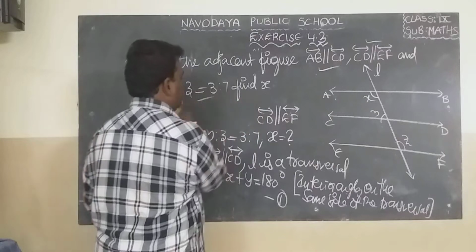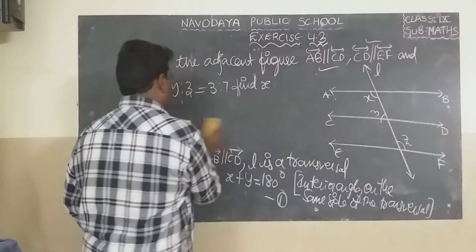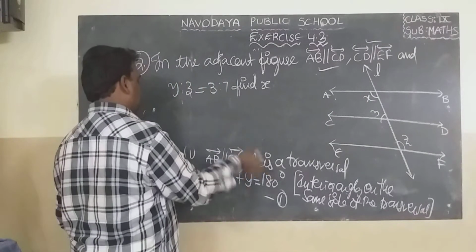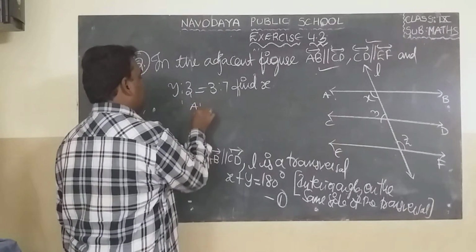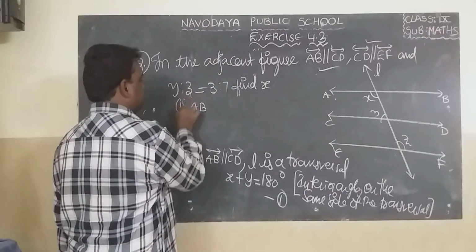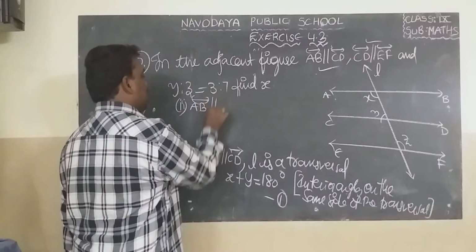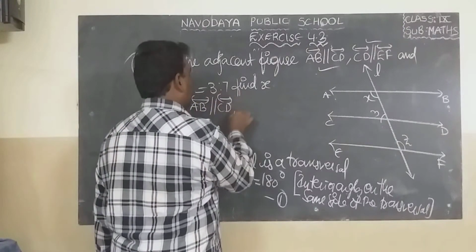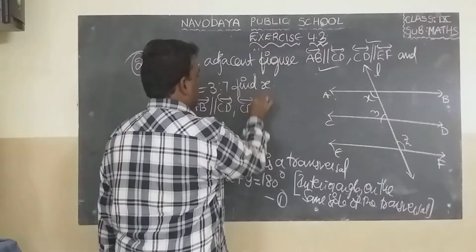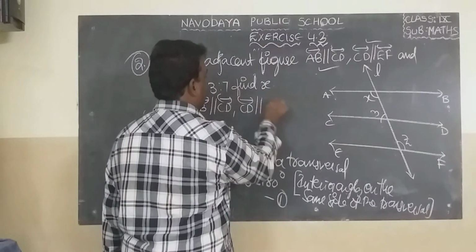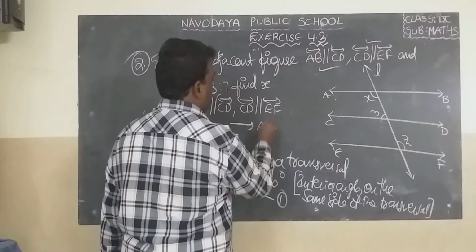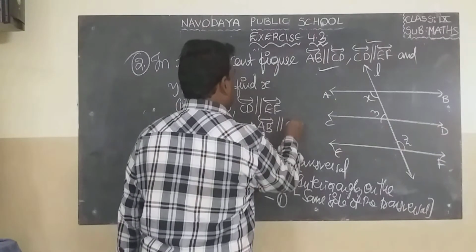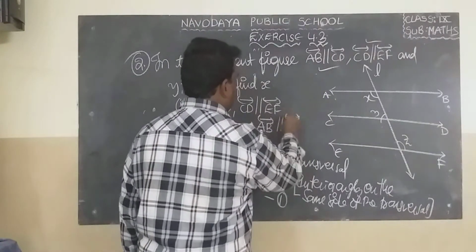Now continue the remaining. First part completed. Second part: AB parallel to CD, CD parallel to EF implies automatically AB parallel to EF. So what I told?